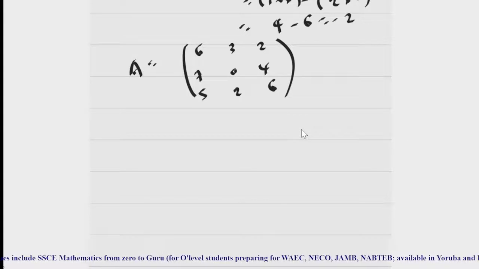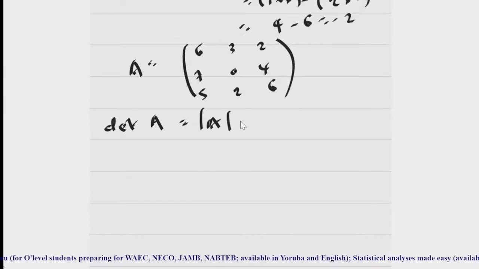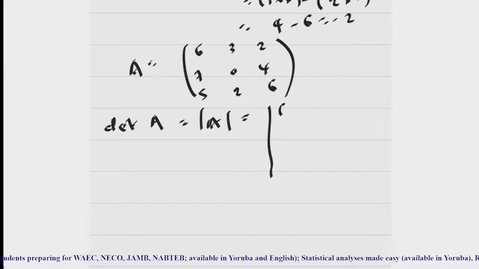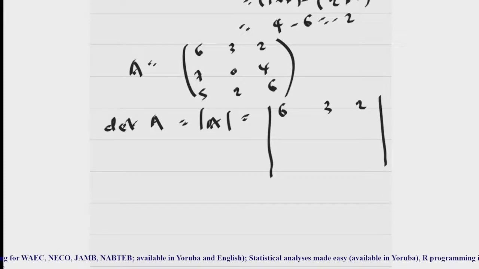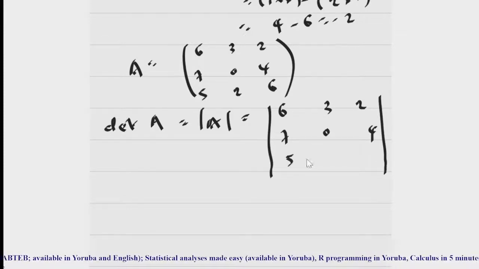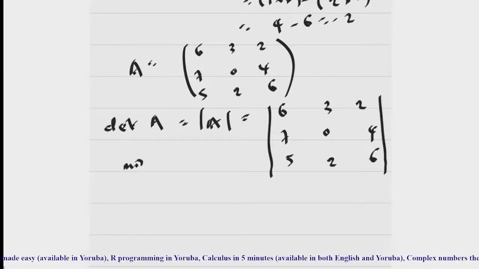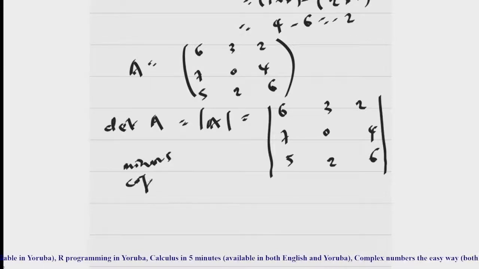But if you want to find the determinant of A now, that is the determinant of your matrix, which is 3 by 3, then what you have to do is to compute the minors as well as cofactors.